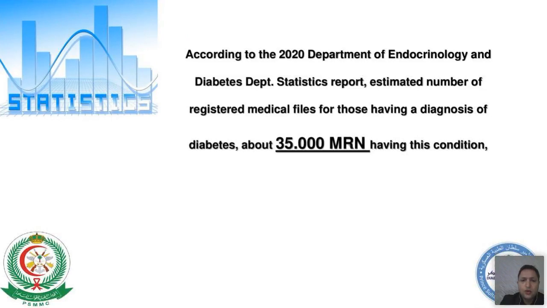According to our statistics and census, we have around 35,000 registered medical record numbers of patients suffering from diabetes mellitus, including type 1 and type 2 diabetes. They have regular follow-up with our department in our major tertiary hospital.